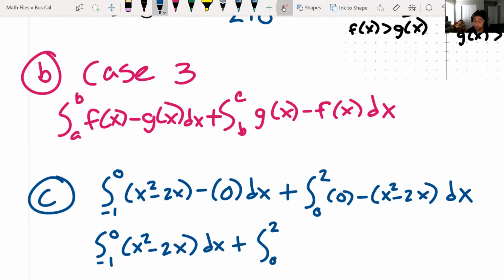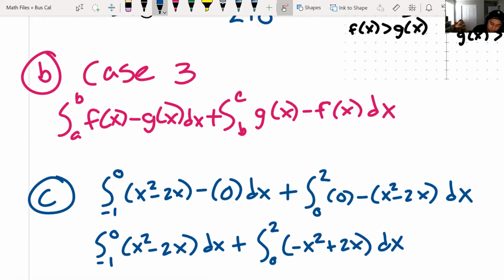And what we're going to do here is take this negative and distribute it to both terms. So this is going to become negative x squared plus 2x dx.